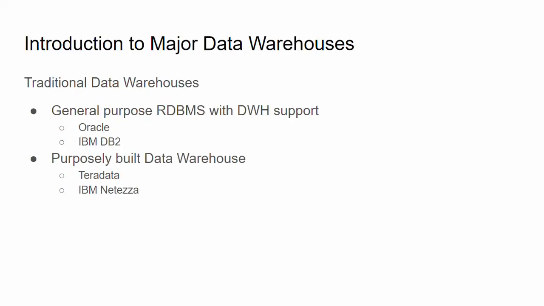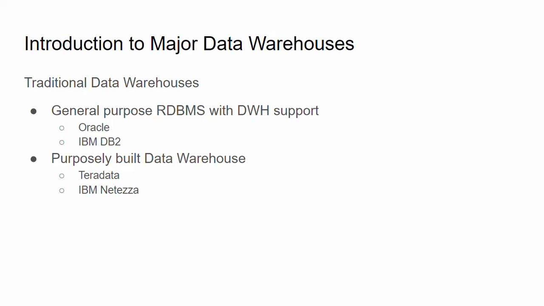Traditionally, there are two types of data warehouse. One is a general purpose relational database with some kind of data warehouse support, mostly joining and aggregation support, and data retention support. Normally the relational database also has features for better joining and better aggregation.